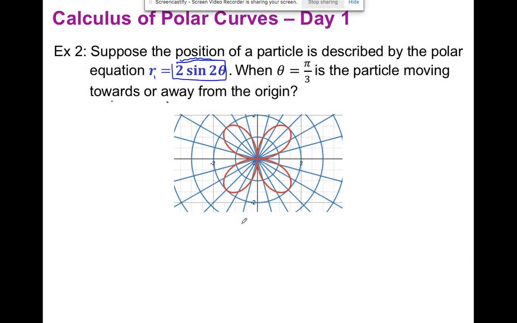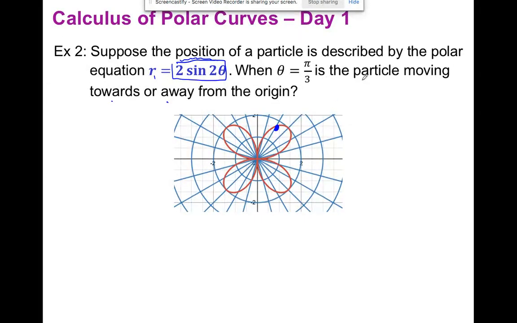This one's an easy one, right? It's not like a limaçon or cardioid. This is a rose, a 4-petal rose. So hit trace, pi over 3, and you're about right here. There's my point when theta is pi over 3.